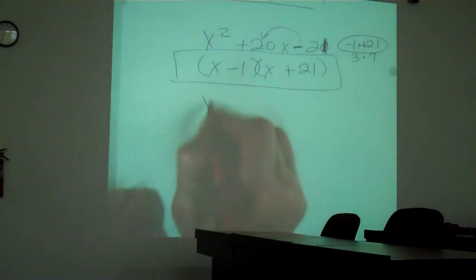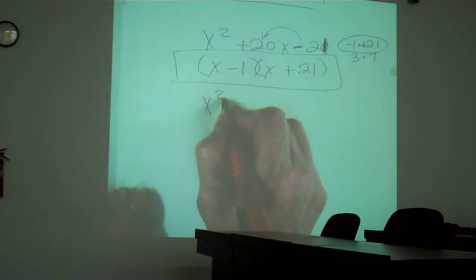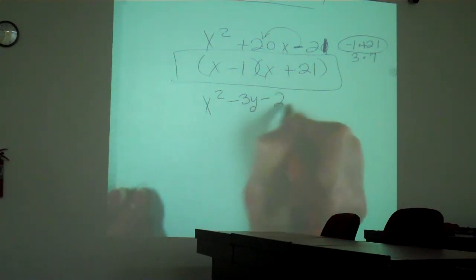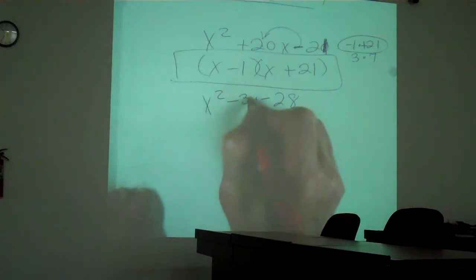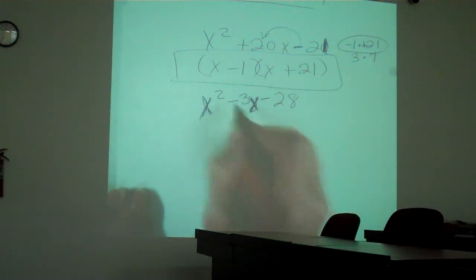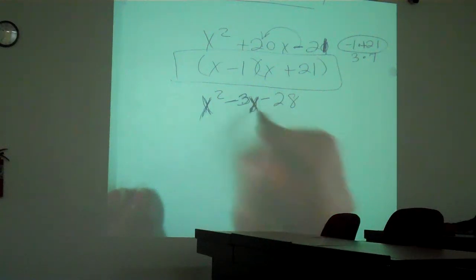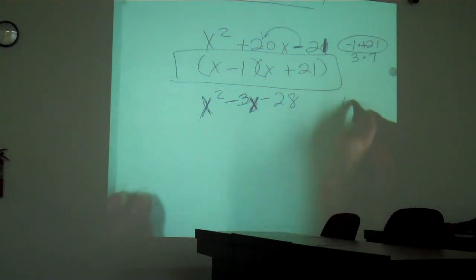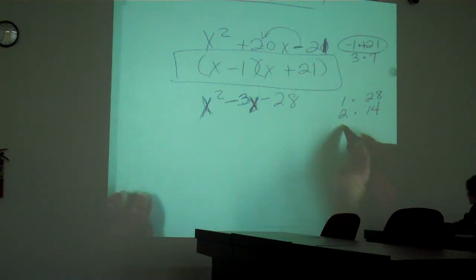Okay, let's do another one. X, I'm sorry, I was looking at one that had a y on it. X squared minus 3x minus 28. 2 times 14, 4 times 7.